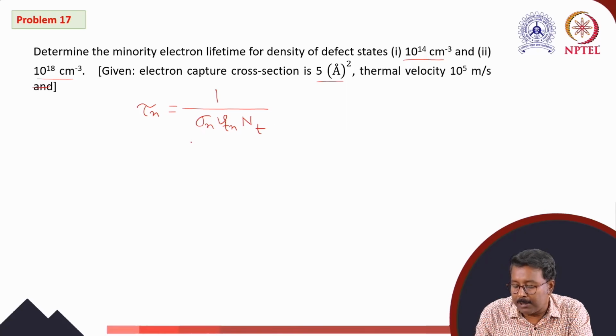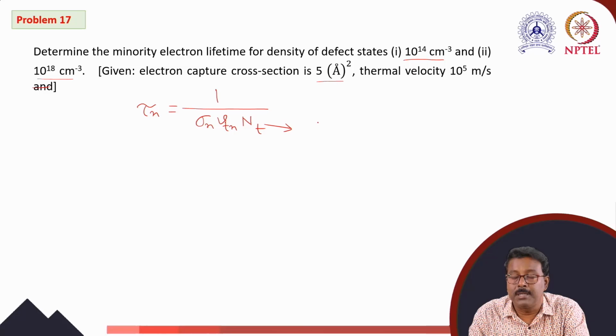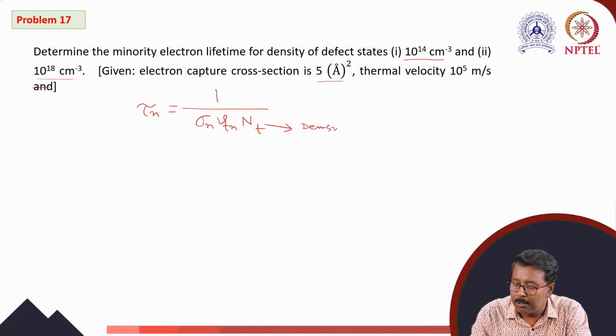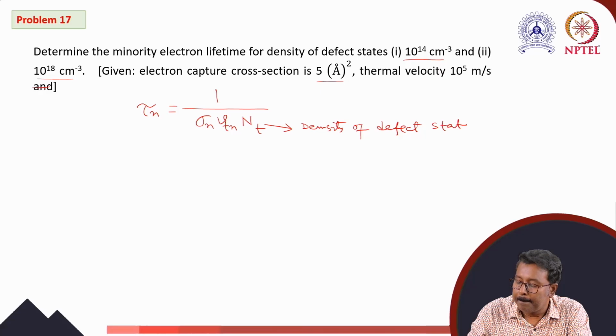We know this is capture cross section, sigma n for electron, Vtn is the thermal velocity for electron, Nt is the density of trap states or defect states per volume.